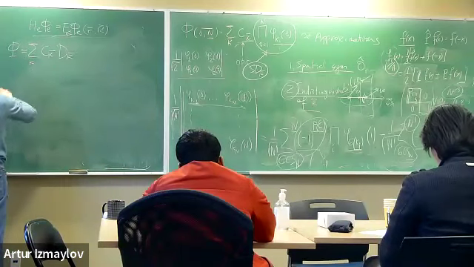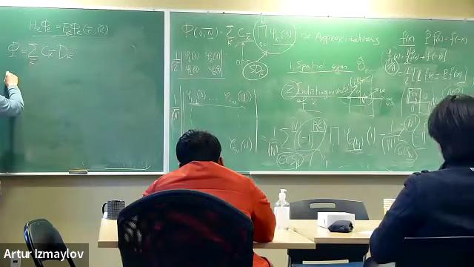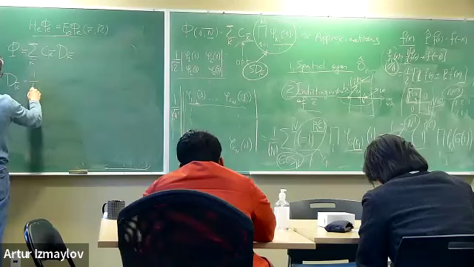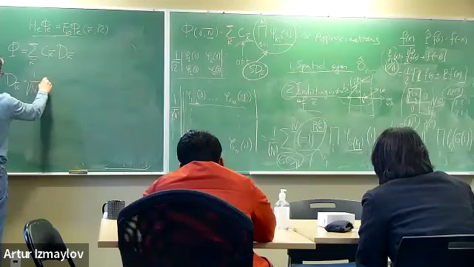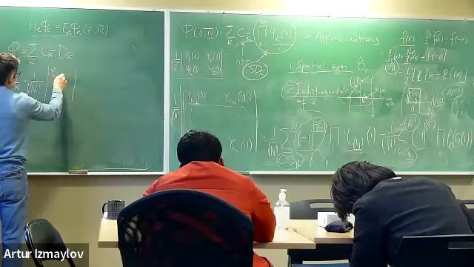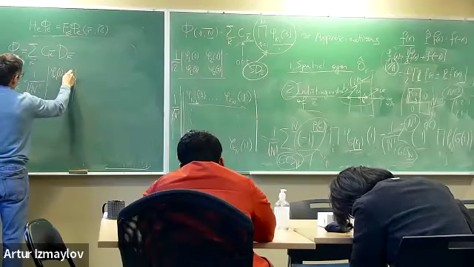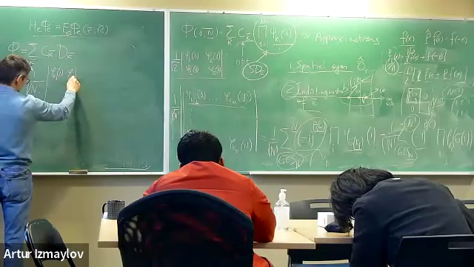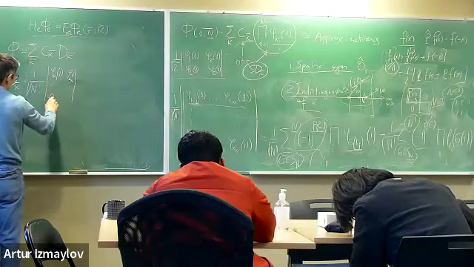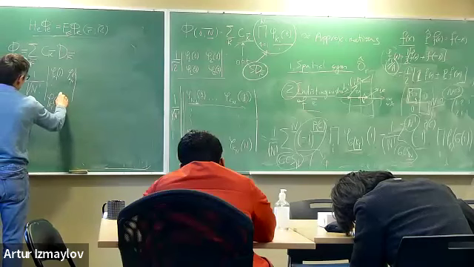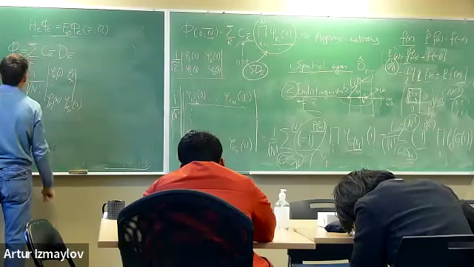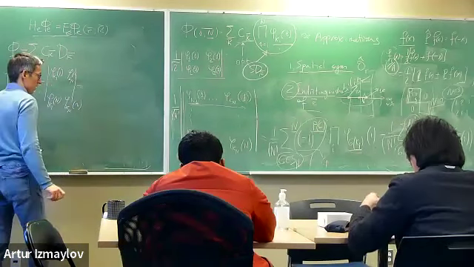Okay, and these determinants are 1 over the square root of n factorial, phi k1 of 1, phi k1 of n, phi kn of n, right? But we want to write them a little bit differently.